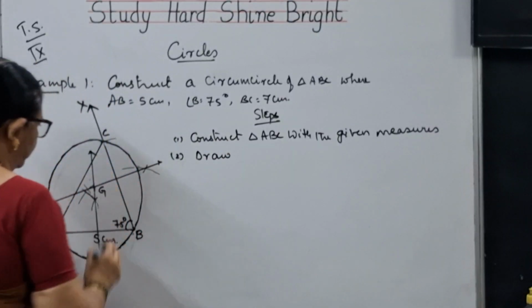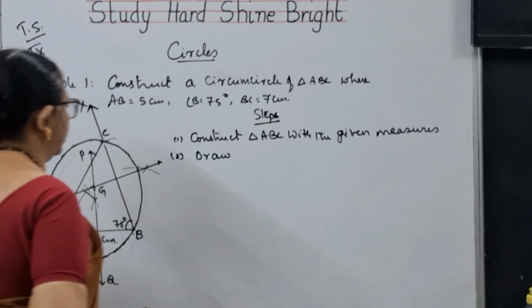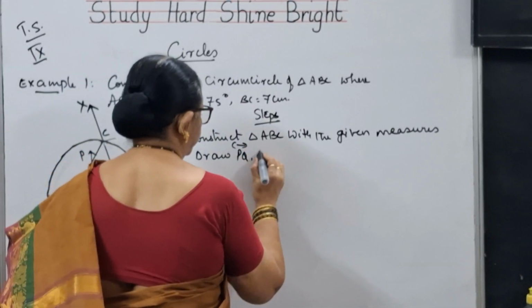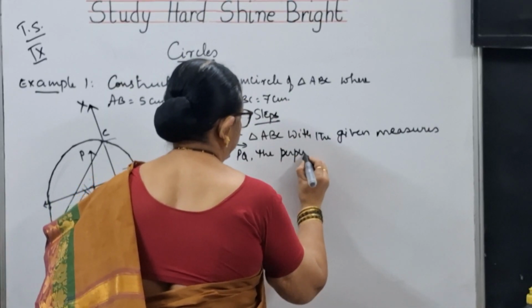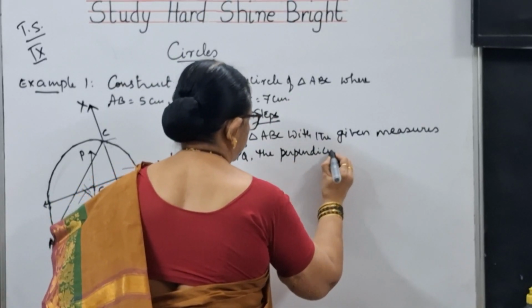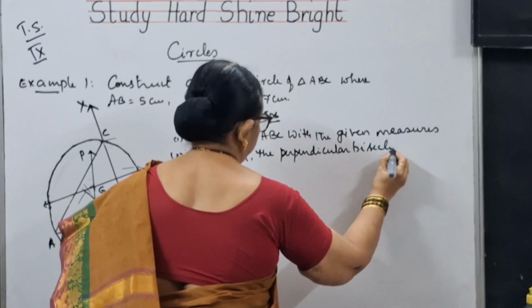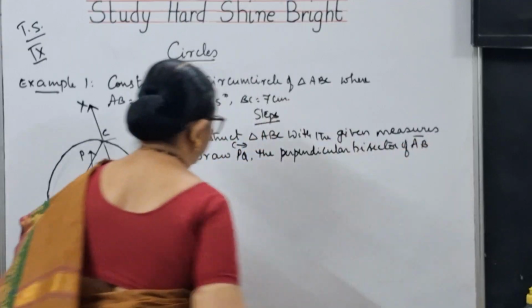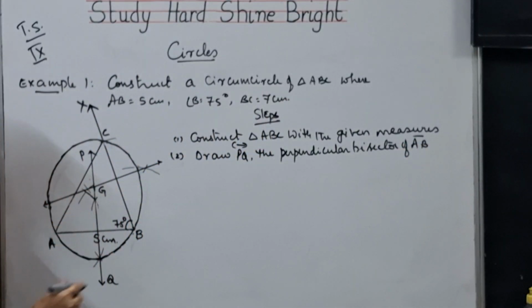Next, draw. Let me name this P and Q. Draw PQ, the perpendicular bisector of AB. So the perpendicular bisector of AB, I named it as PQ.